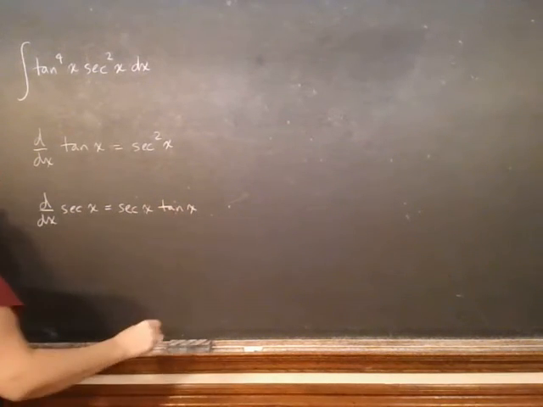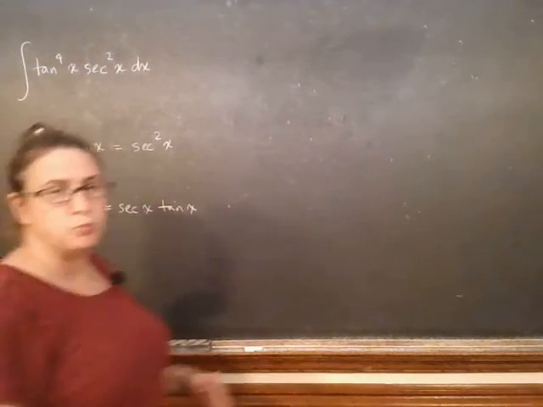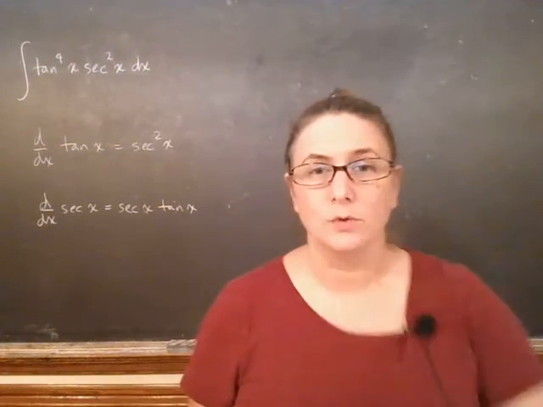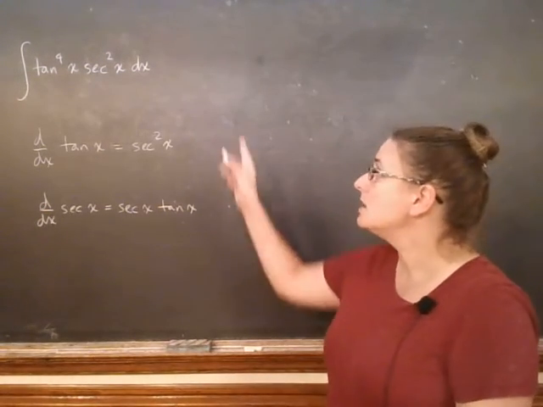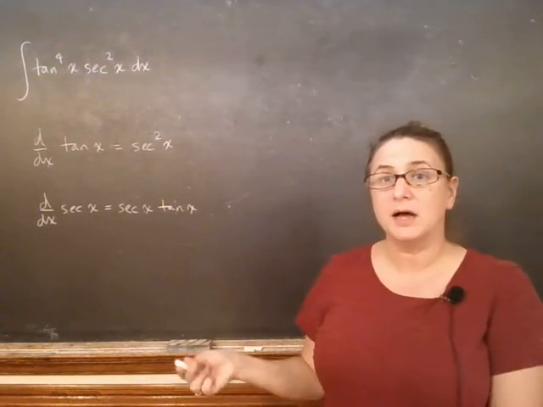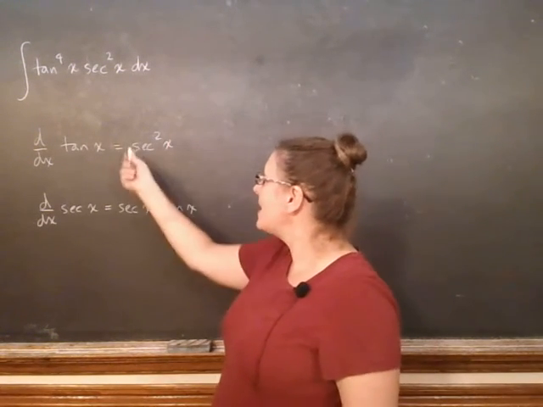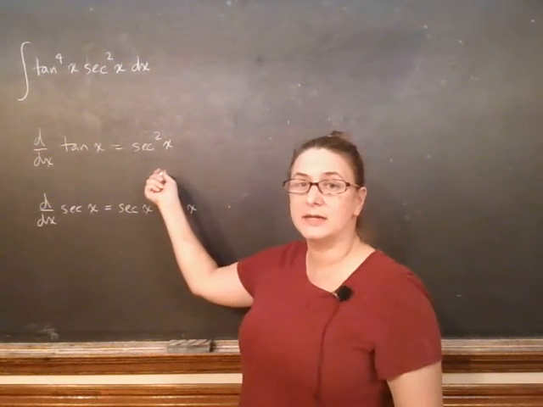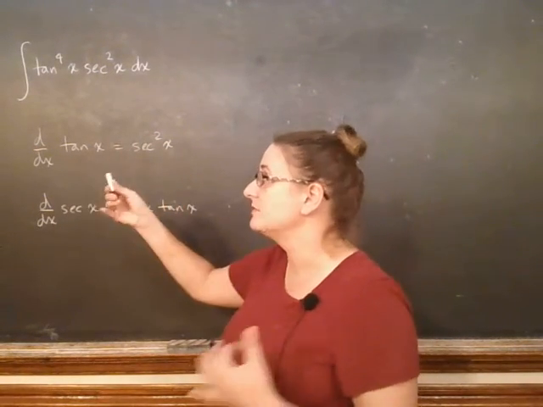That's what I need to get. That's what I will get. So the substitution that you are going to do is going to depend on the form that you have, right? Because if I want to have a du that has a bunch of secant squareds in it, I have to have an even power of secant.